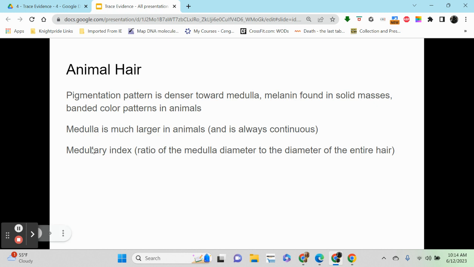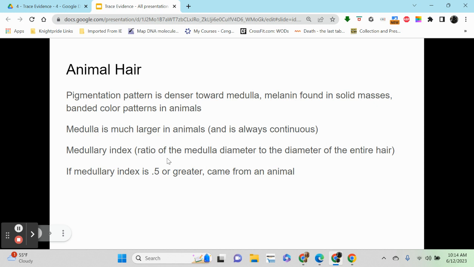The medullary index, right, is going to be greater in animals. So if you find a hair where the medullary index, which is the ratio of the medulla to the diameter of the entire hair, is 0.5 or greater, that's going to indicate that it is in fact animal hair and not human.